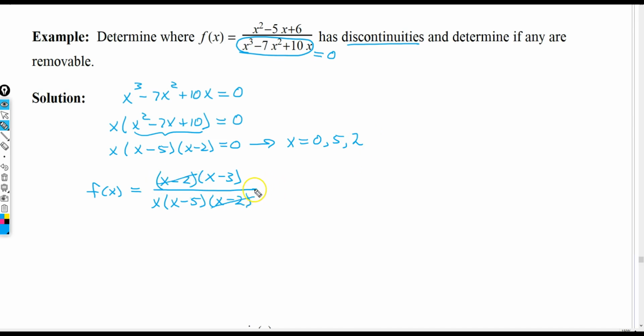And more precisely, it also indicates that the limit as x approaches 2 of f of x exists. Because of this cancellation, that limit will exist. So you notice that the limit as x approaches 2.